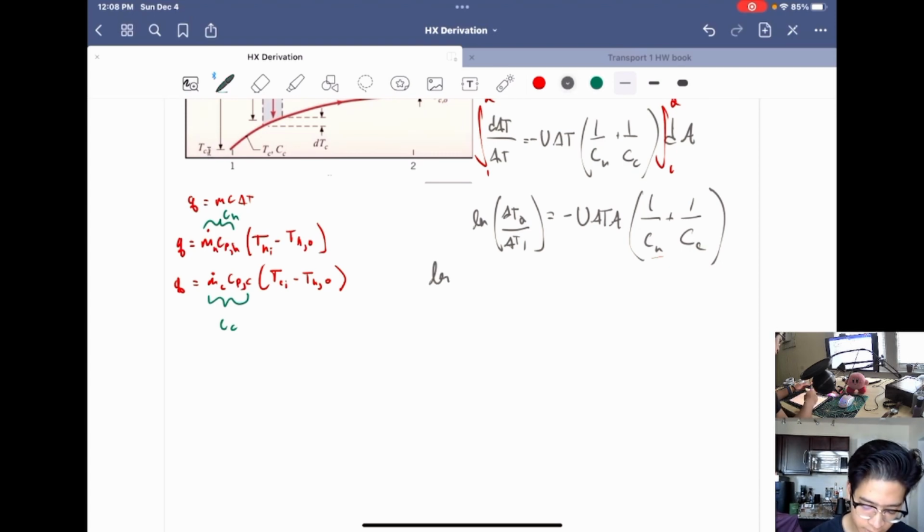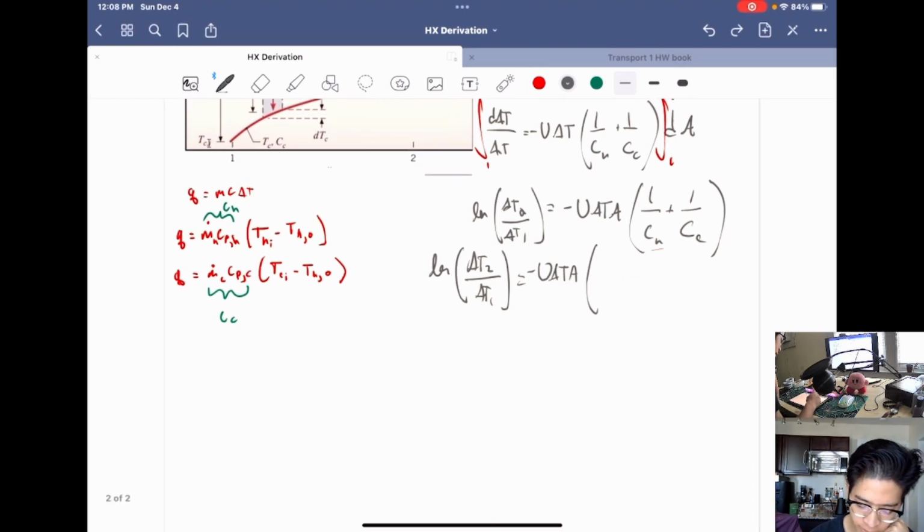This natural log delta T2 over delta T1 is equal to negative U delta T A over Q. Did I flip something here? I did. These are in the denominator, so I should take the reciprocal.